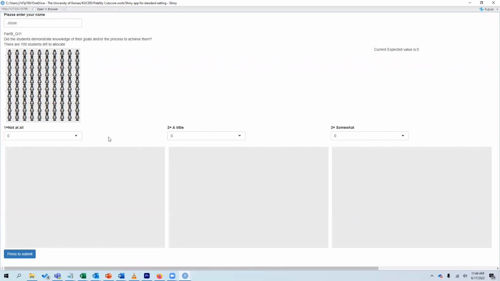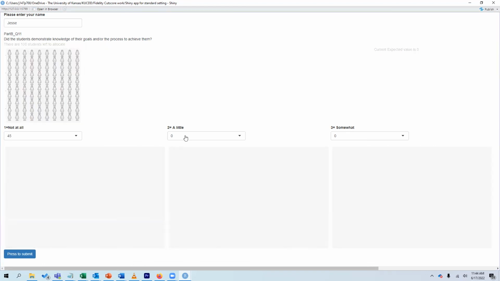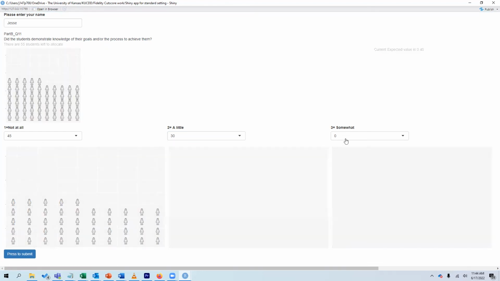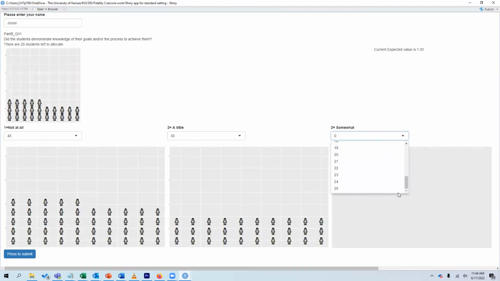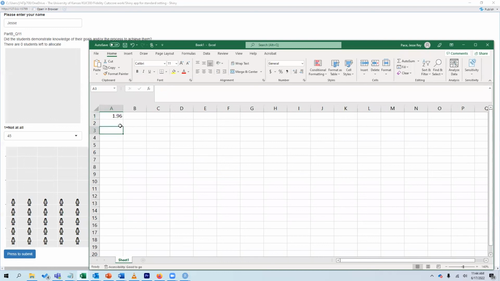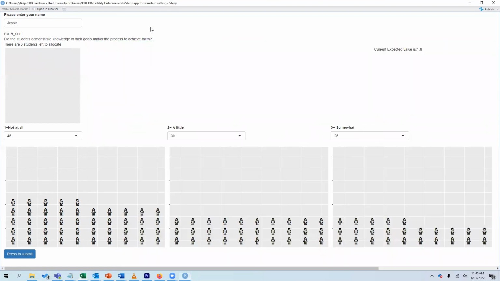You think that 45 of the minimally proficient implementers would get a 1, 30 of them would get a 2, and the remaining 25 would get a 3. Now our expected value is a 1.8 for that item, right? We think that the expected value across 100 minimally proficient implementers is a 1.8. That's the average score for them.